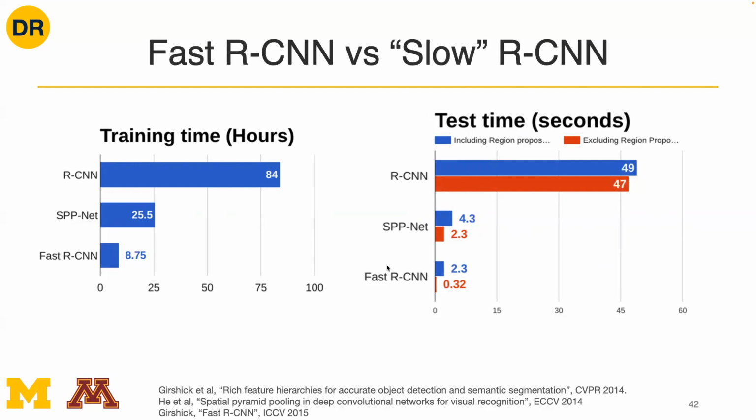At test time, the difference is even more extreme. You can see here that for RCNN, the blue boxes are showing just the region proposal process, and then the red box is showing the runtime outside of the region proposal process.